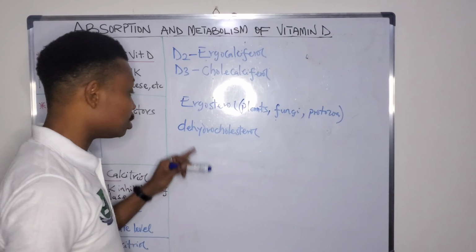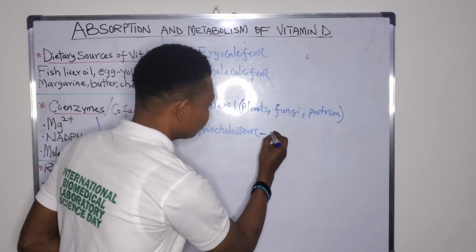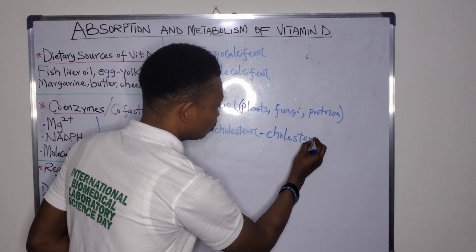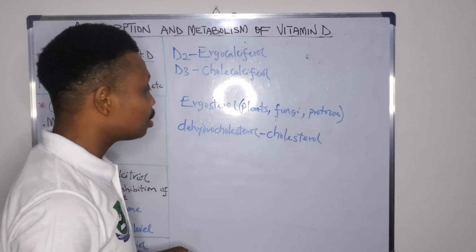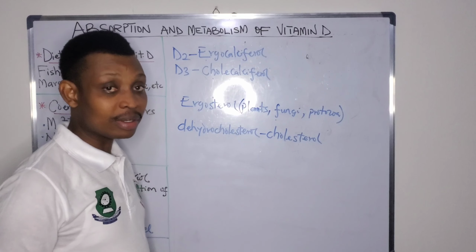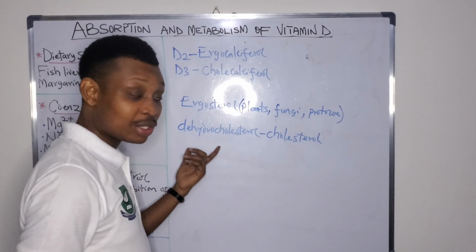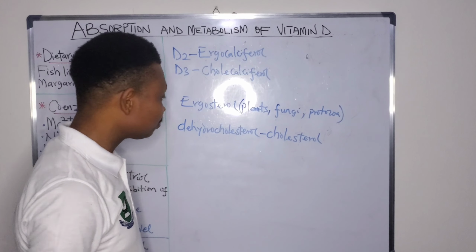Now, this dehydrocholesterol is usually obtained from cholesterol. Cholesterol is converted to dehydrocholesterol in the liver or in the intestinal mucosa.